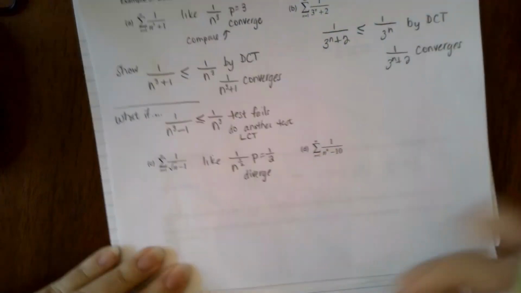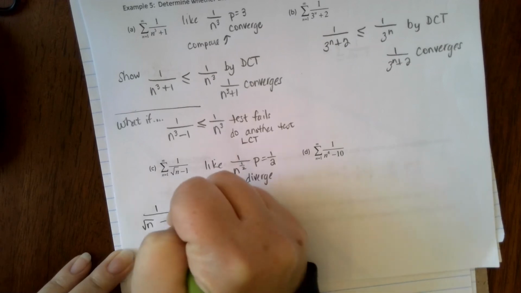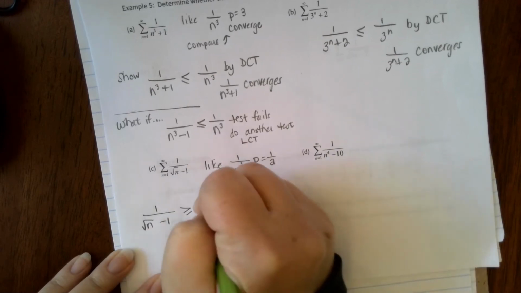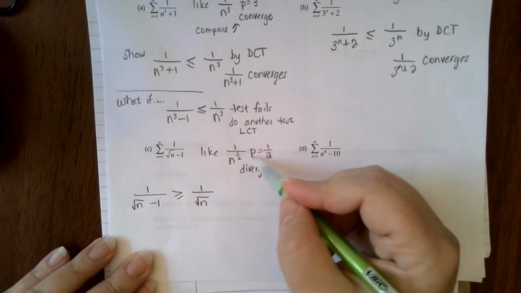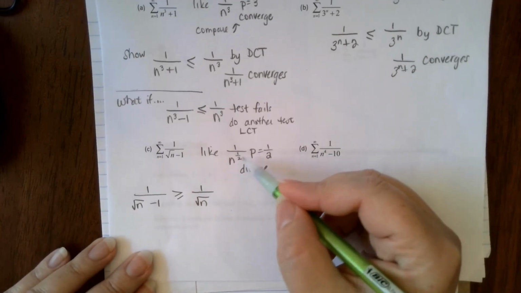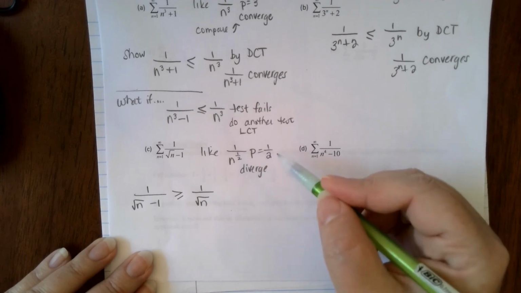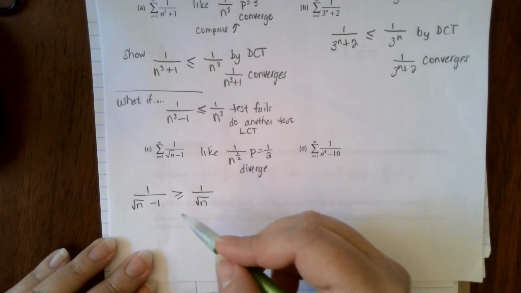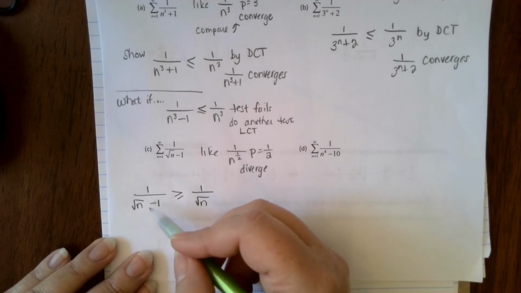All right, so our original, 1 over the square root of n minus 1, is greater than or equal to our new one. Now notice when I wrote the new one, I went ahead and just wrote it as the square root of n, not n to the 1/2. I wrote it as n to the 1/2 earlier so I could get the p. All right, plugging in a 1 gives us an undefined thing, so let's plug in a 4.